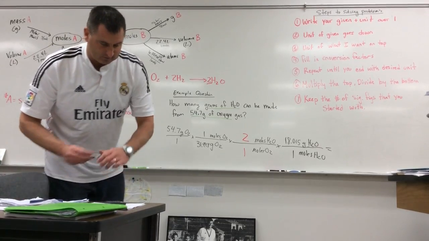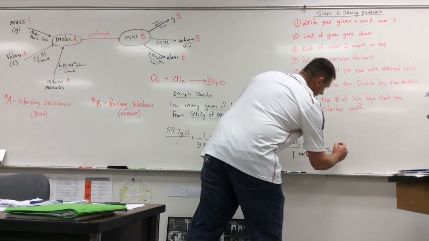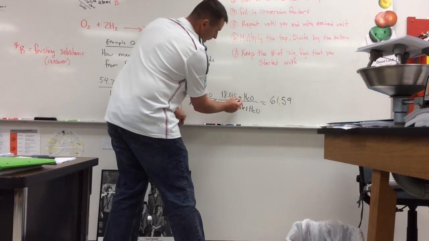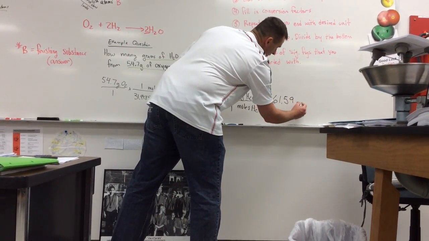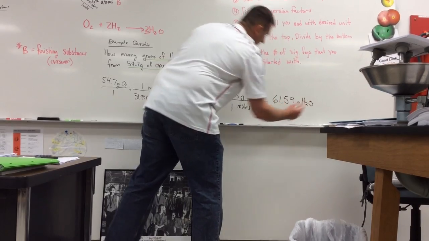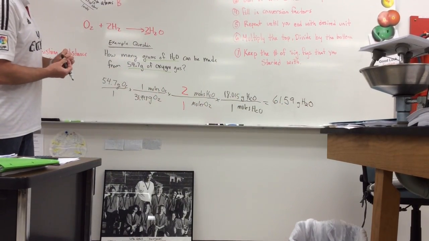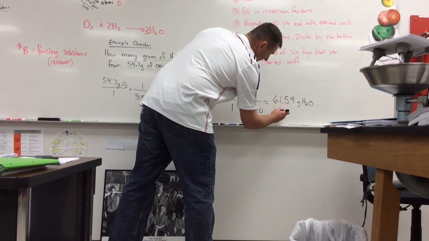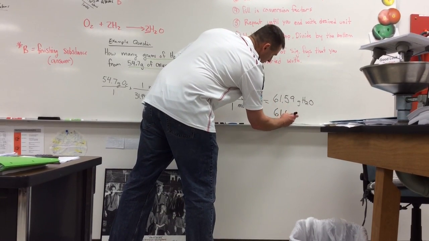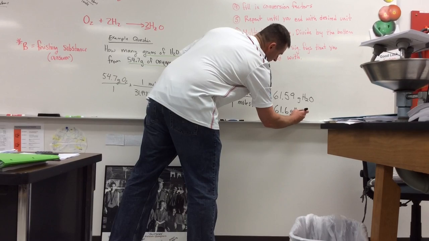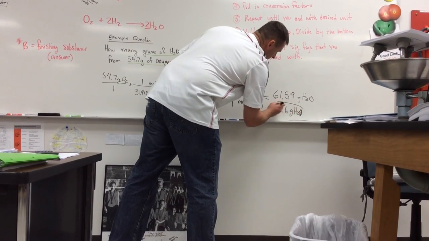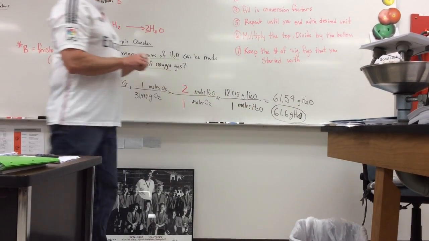All right, and I get an answer of 61.59, and that's going to be in grams of water. Now if we're looking at sig figs, I started with 3 sig figs, so my answer can only finish with 3 sig figs. So it's going to be 61.6 grams of water. And then you circle your answer, just like that.